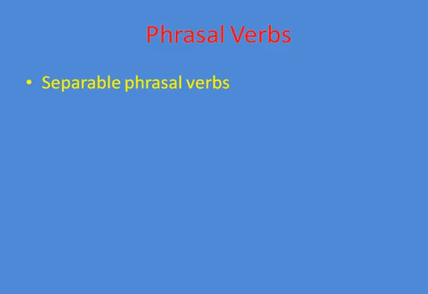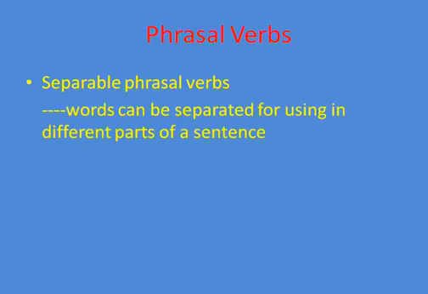Now let's have a quick look at the separable phrasal verbs. Here separable means we can separate the two parts of the phrasal verb. The first part is the verb and the second part is the preposition. So we can separate these two parts and use them at different places in a single sentence. Such phrasal verbs are called separable phrasal verbs.